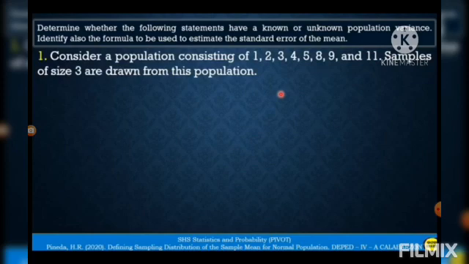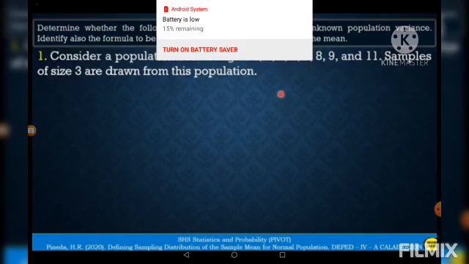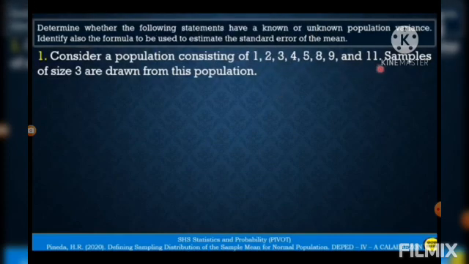Number 1, consider a population consisting of 1, 2, 3, 4, 5, 8, 9, and 11. Samples of size 3 are drawn from this population. So we can see that the sample size is 3, drawn from this population.